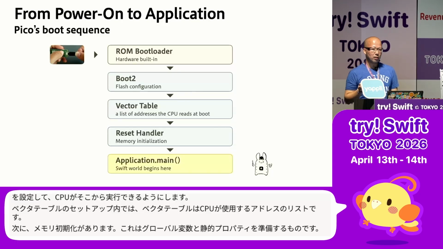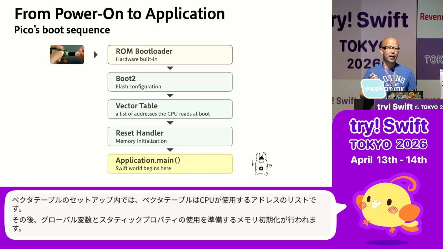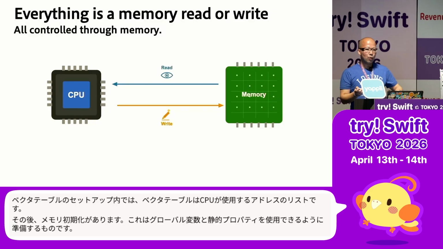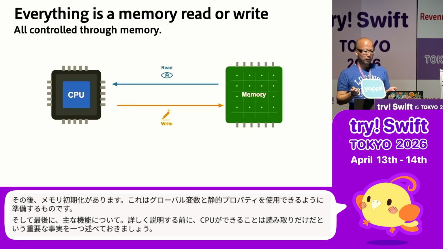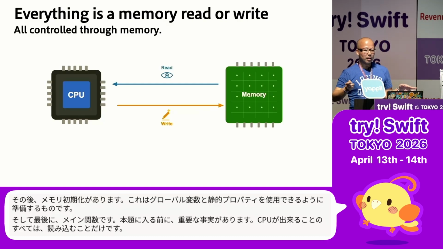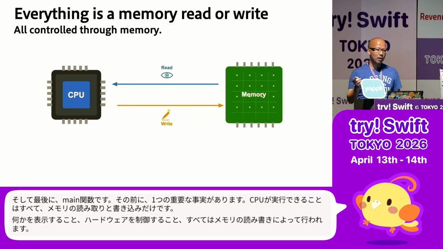Before we dive in, one important fact: all a CPU can do is read and write memory. Code execution, displaying something, hardware control, everything is done through memory read and write. Same operation, just different addresses.